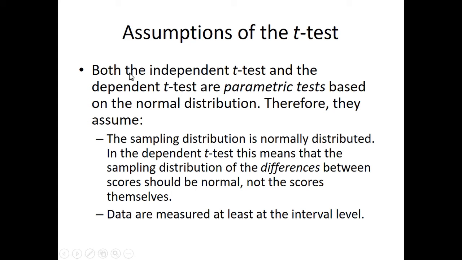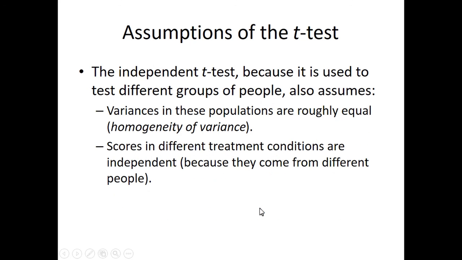So really, how do I deal with this normality thing? I have at least 30 people. Okay, so repeated measures are great, but n equals 30 is still kind of the magic number. For independent t, not dependent t, just independent t, we've got homogeneity. So homogeneity is that the variances between groups are equal.